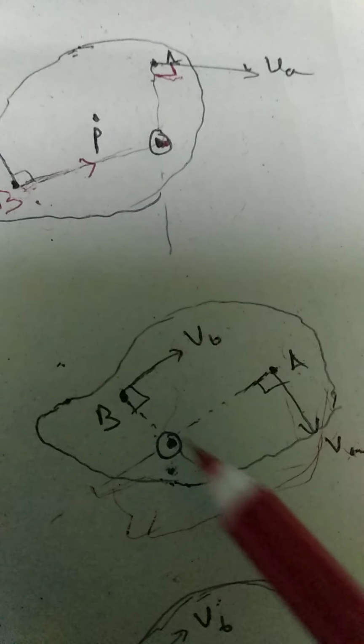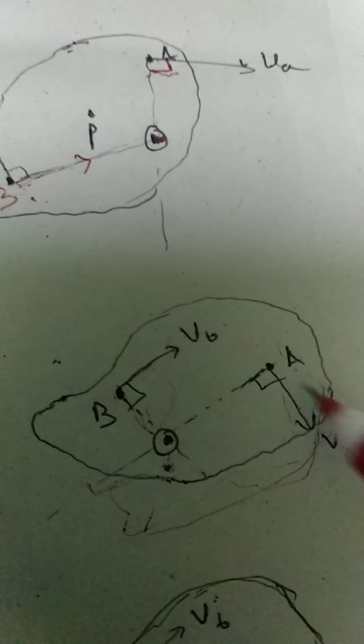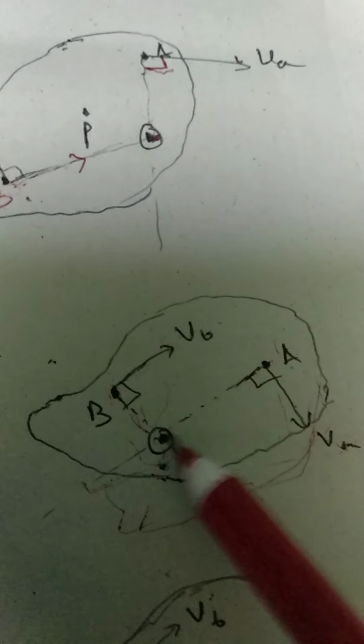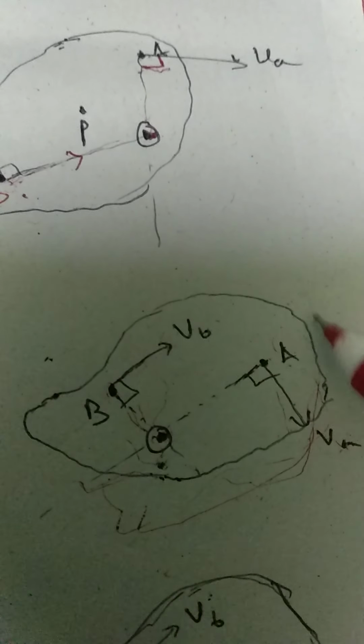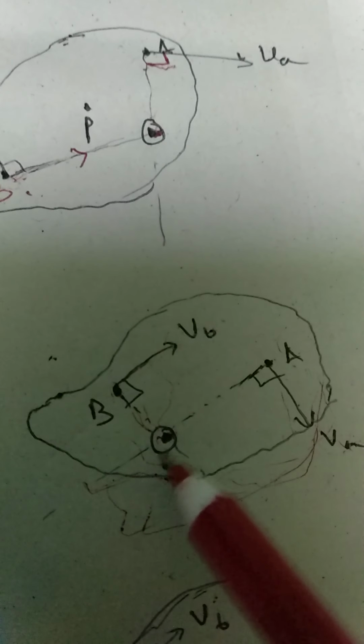Suppose this is VB. Again we draw the perpendiculars from points A and B, and they meet at this particular point. So this body will try to rotate about this point at this particular instant.